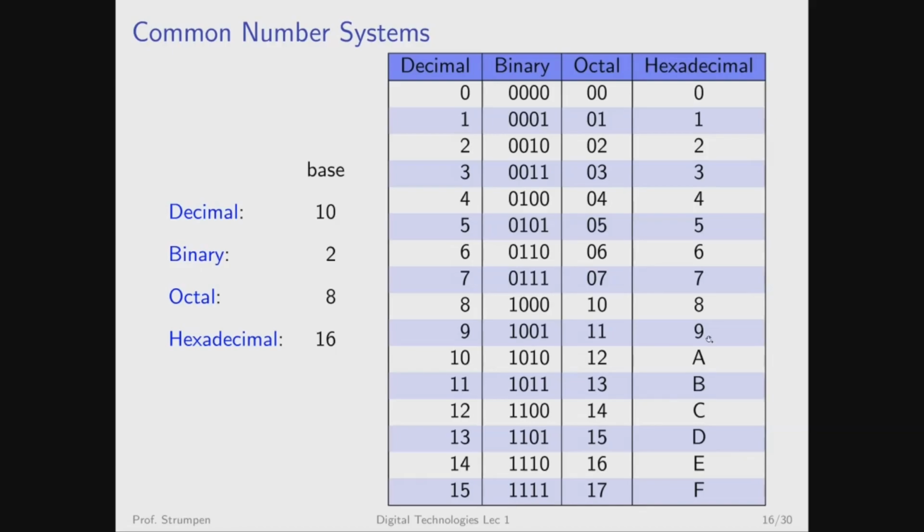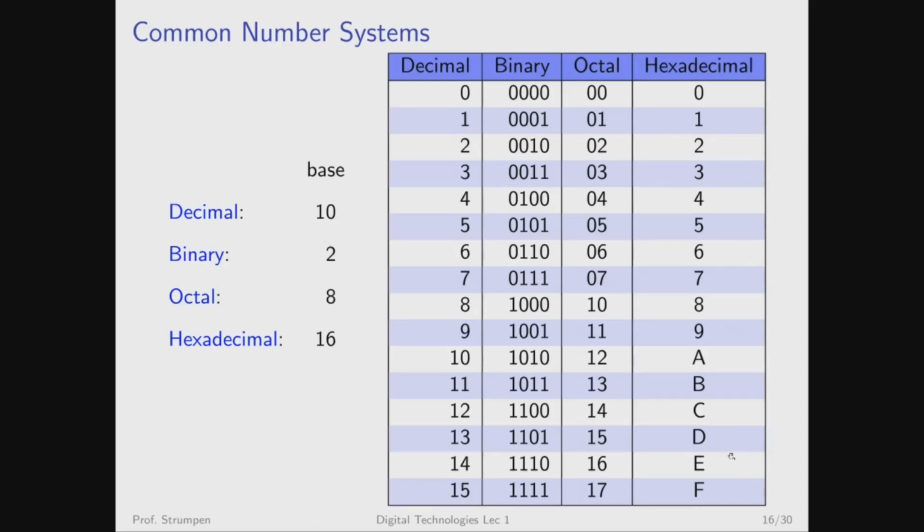Our writing system provides us with 10 digits, not with 16. And we simply borrow the first 6 letters from the alphabet to encode the hexadecimal values: 10 with an A, 11 with a B, up to 15 with an F.